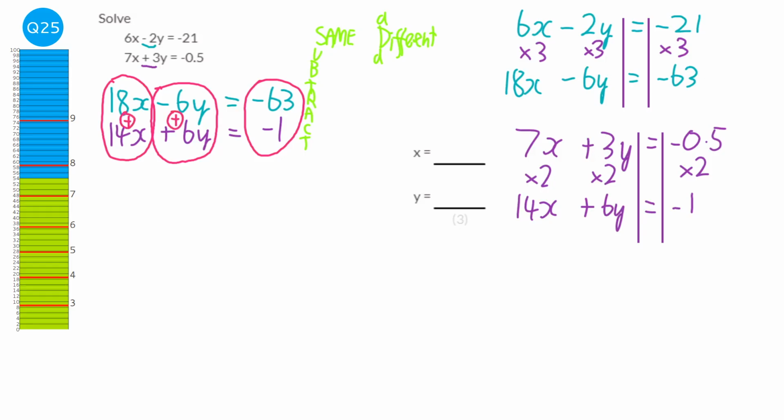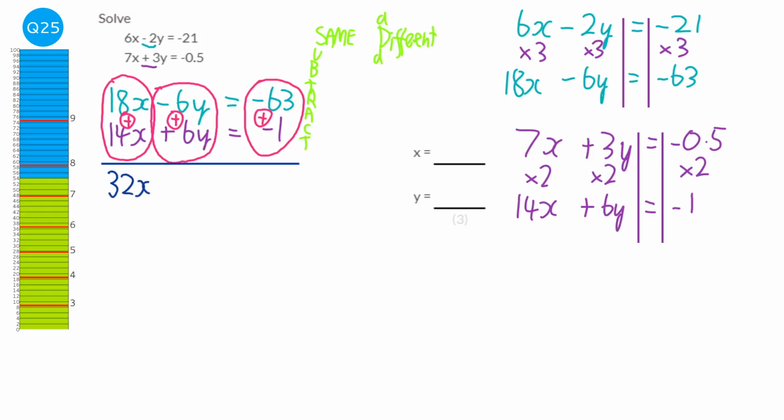So we're going to add the y's together, but we've got to do the same to all of them. So we're going to add the 18x and the 14x, we're going to add the 63 and the -1. So going downwards, and let's draw a neat little line to show that we're working out the sums. So we've got 18x plus 14x, which is 32x.